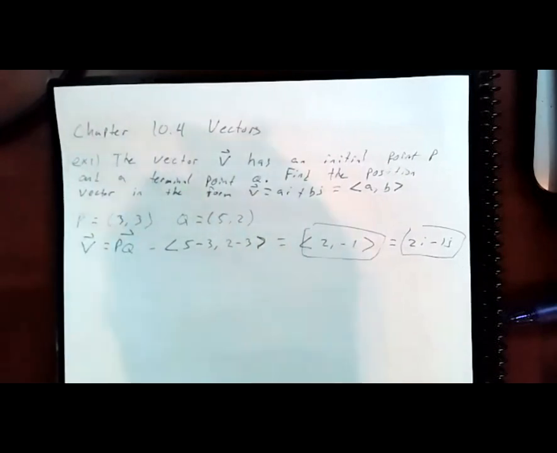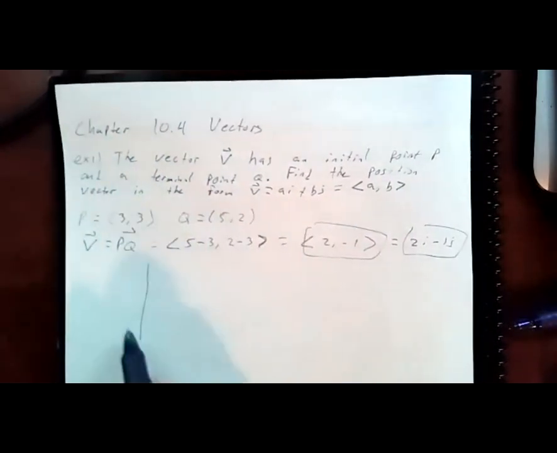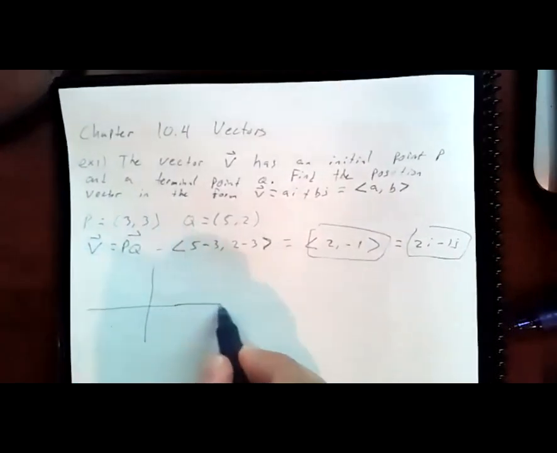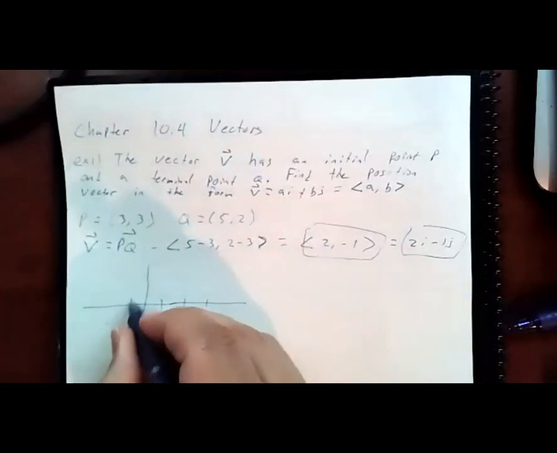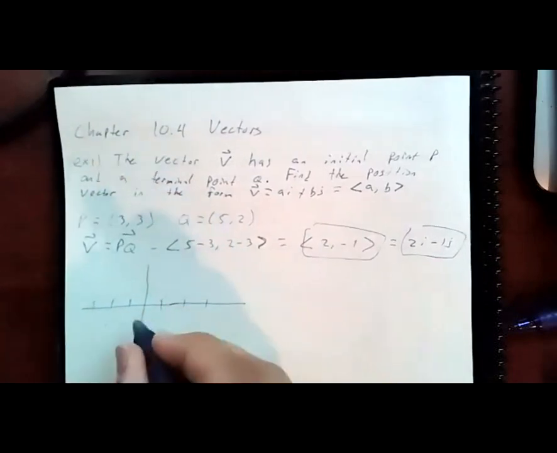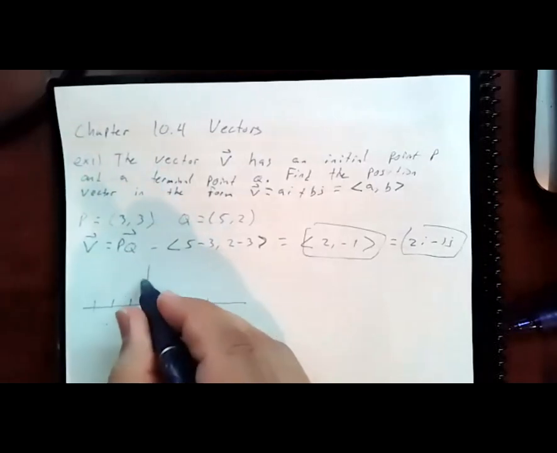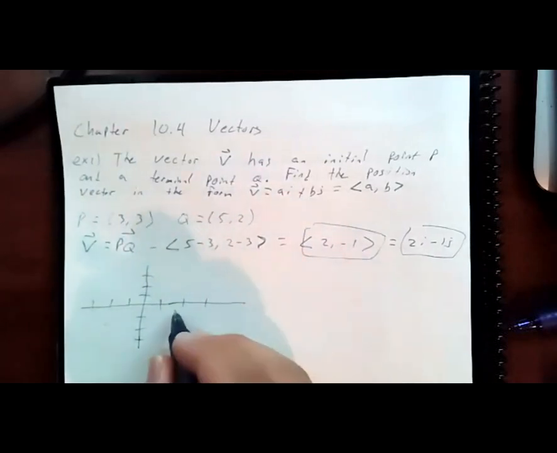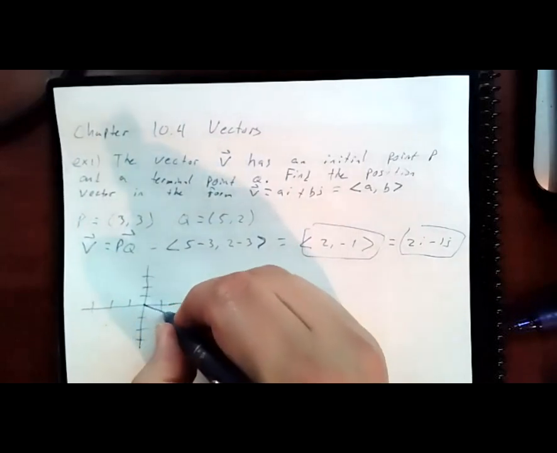Now, if you were to graph this, what does this mean? It's basically an arrow is the way you graph these. So 2, -1. So you go 2, -1. So the point is right here. That's not a point, it is a vector.